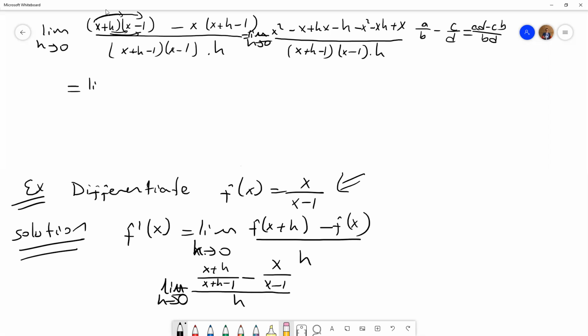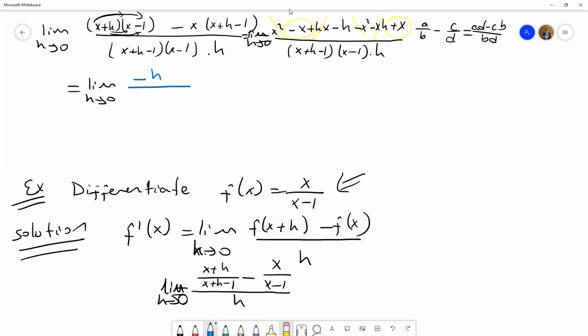Finally, limit h goes to 0, and you see x squared minus x squared and hx minus hx, and we have here minus x and plus x here, so we have only minus h here.